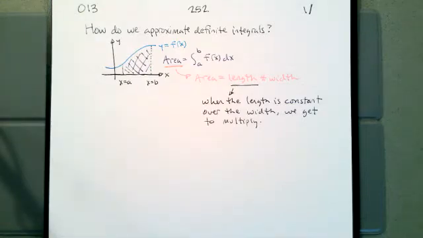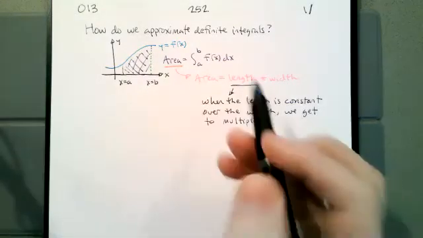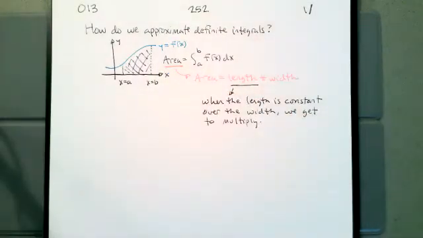But when we're finding the area under a continuously changing function, like this function f of x, we don't get to multiply because the length is not a constant. So when the length is not constant, we have to integrate.